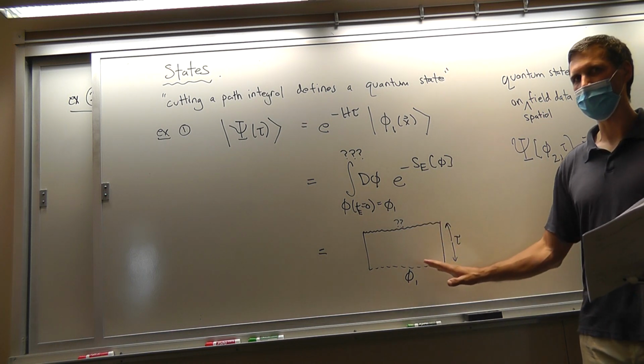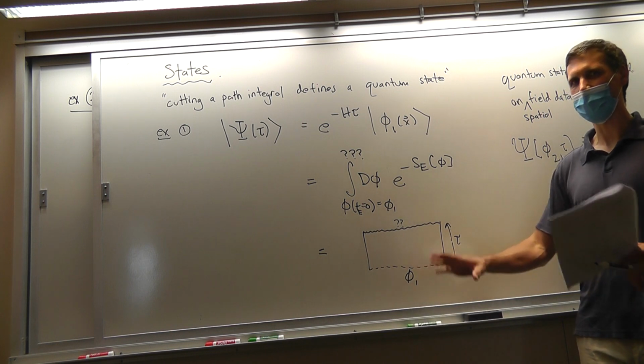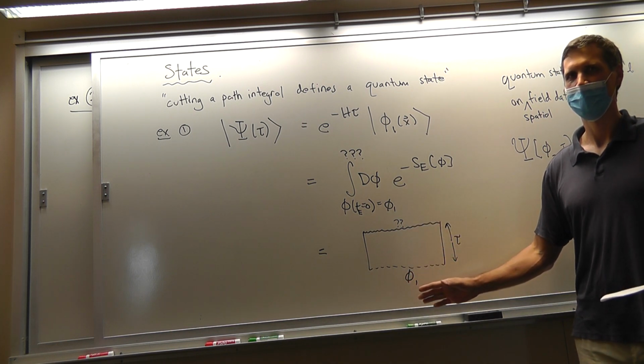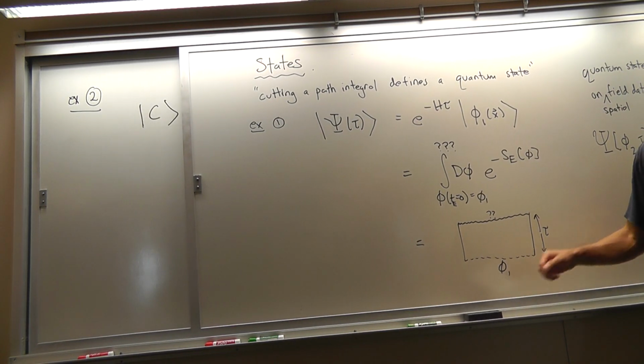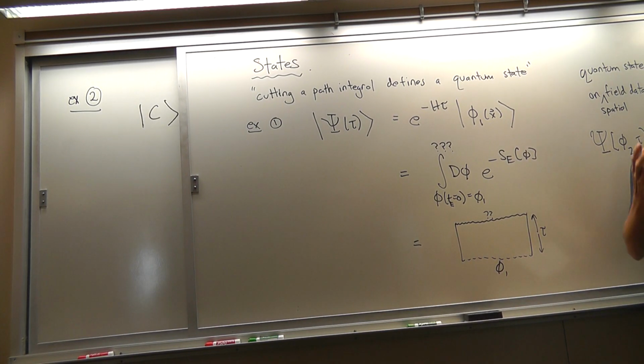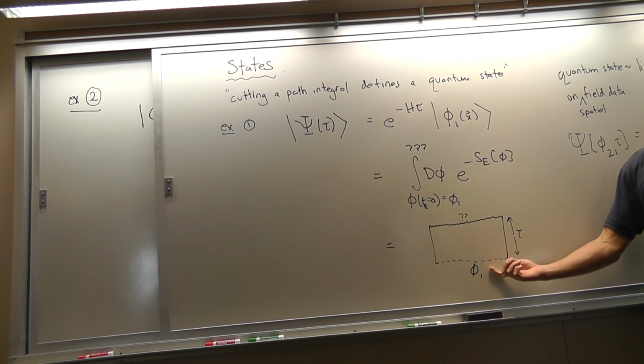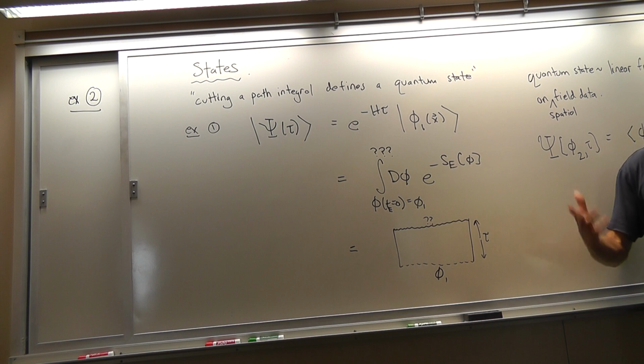But that's just a choice of basis. That's like choosing the x basis in the harmonic oscillator. And you need to be able to do quantum mechanics in any basis. You might want to go to the momentum basis. You might want to go to some other basis. So we have to be able to talk about superpositions of the phi 1s in order to go to another basis.